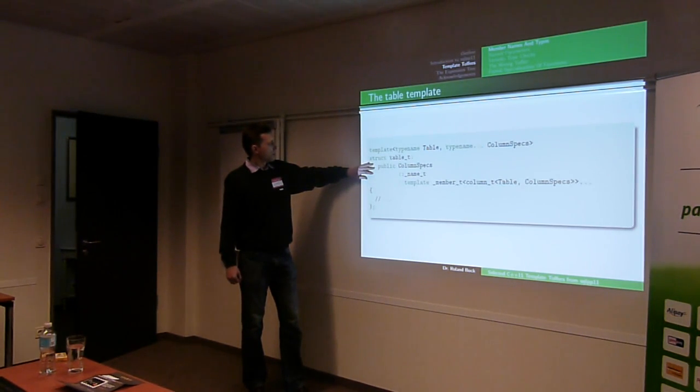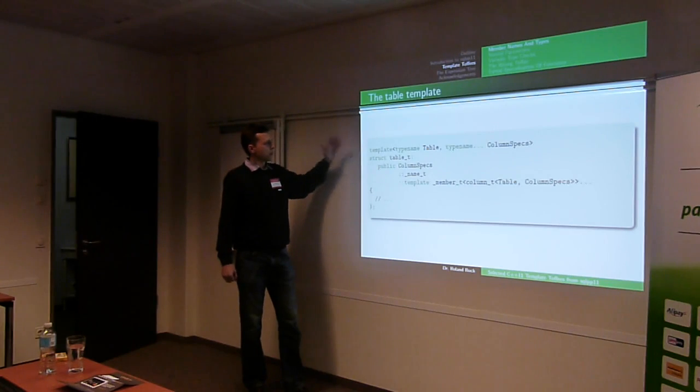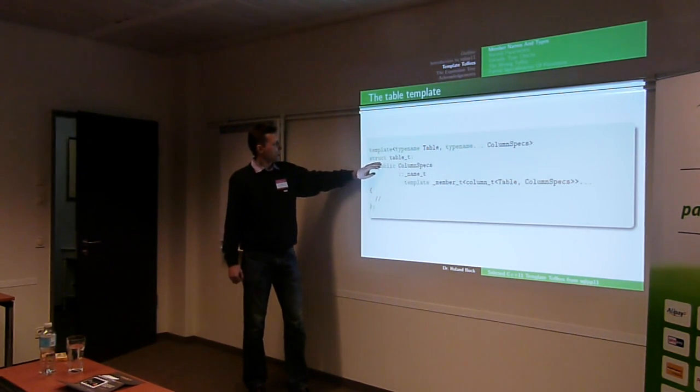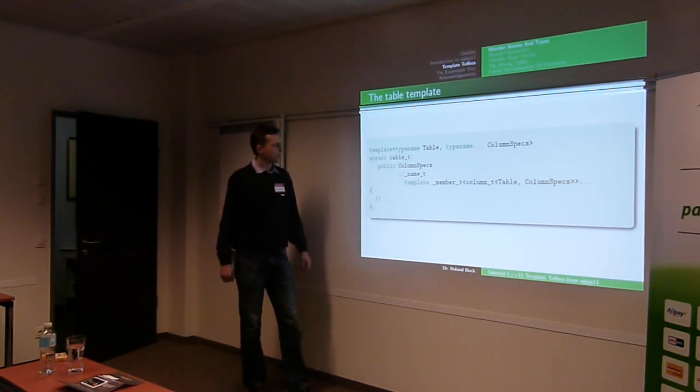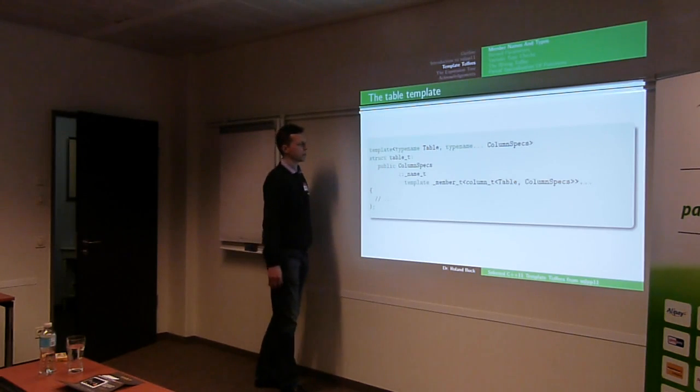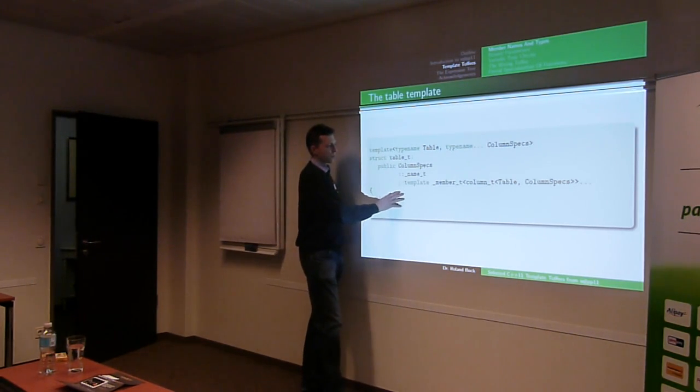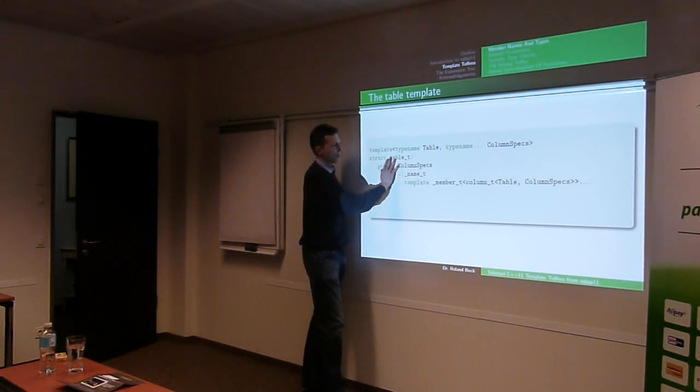And the table class that we saw on the previous slide inherits from a template. This one here, and we skip all the details, but what's important is this inheritance here.